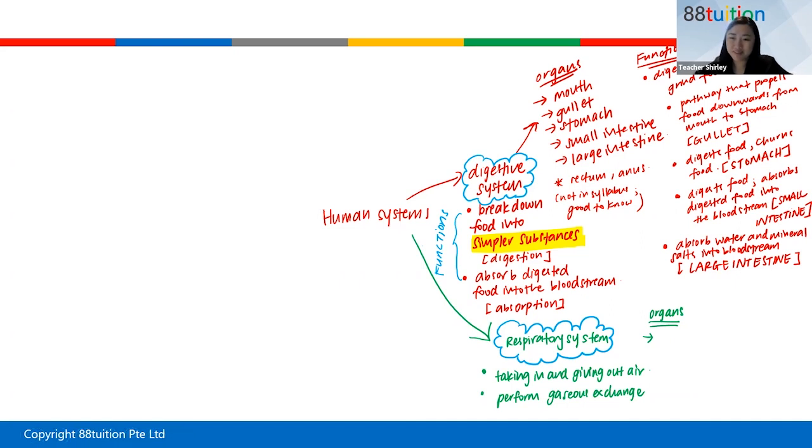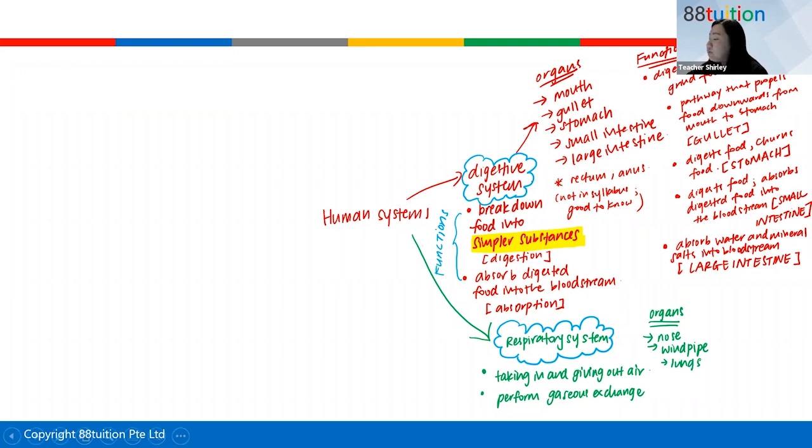Kelvin? So what are the organs that belong to the respiratory system? Windpipe, nose, and lungs. Very good. Nose, windpipe, and lungs. Very good.